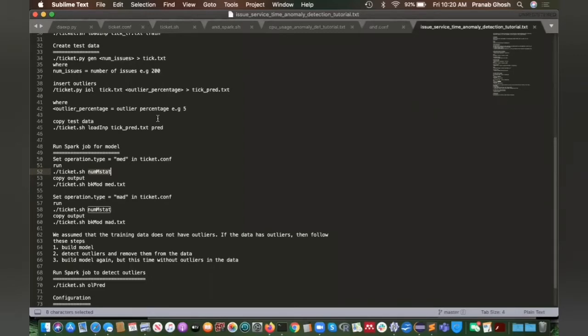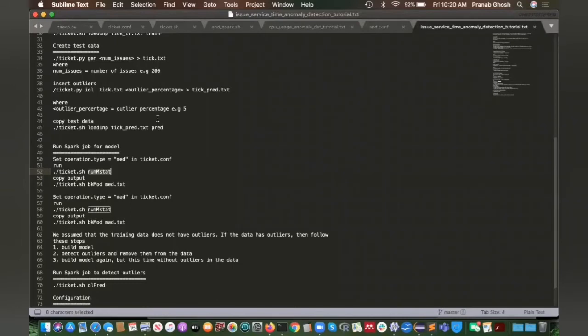the median absolute deviation. Now, my data has data for two different, let's call them service centers, okay? There's a unique ID associated with each. So it builds two different models, one for each service center.